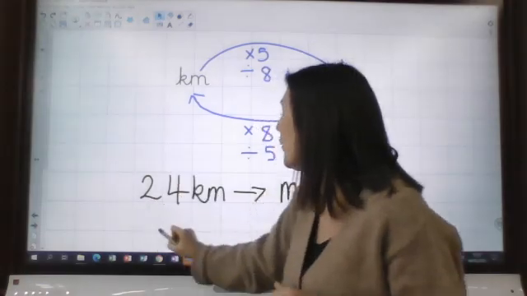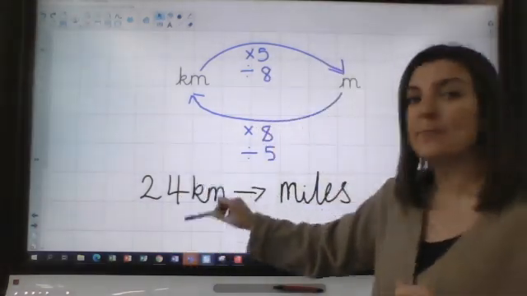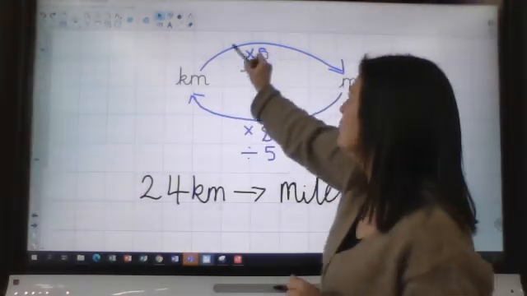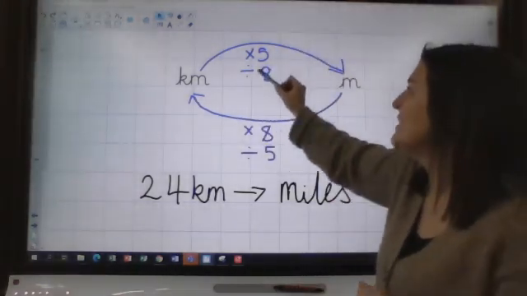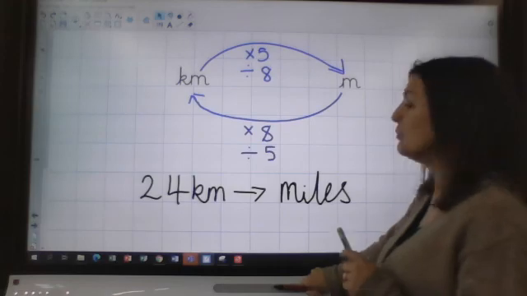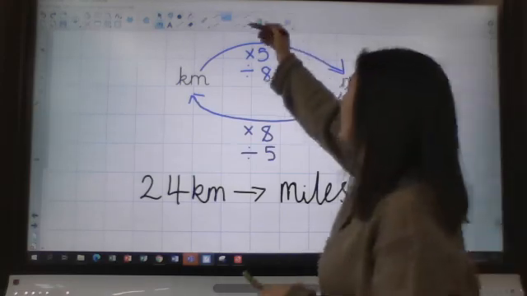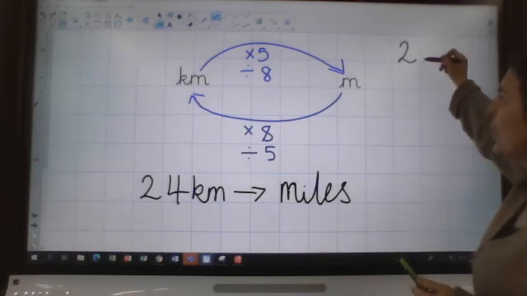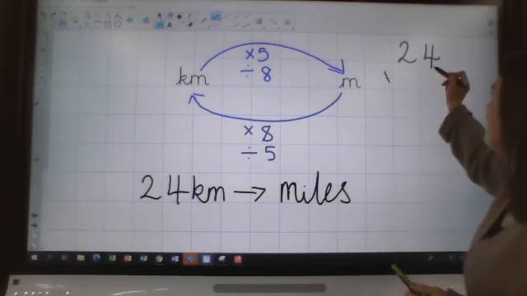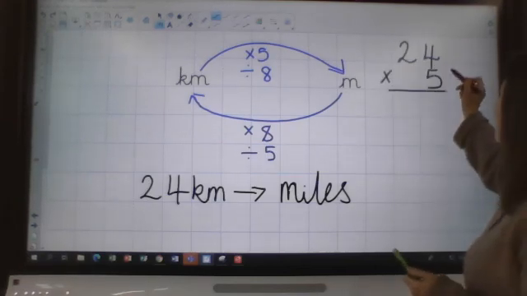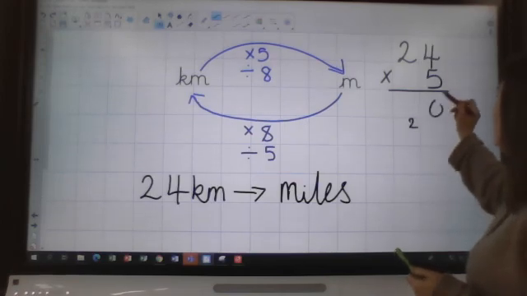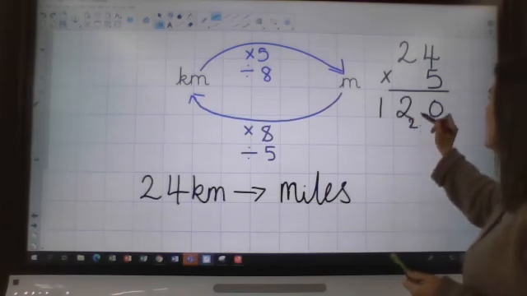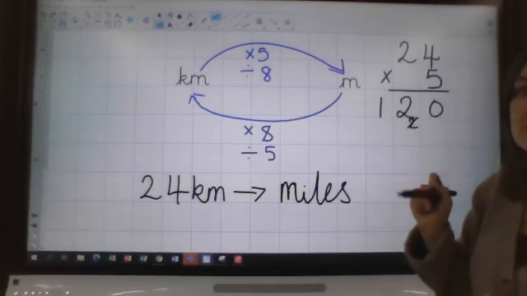So if I've got 24 kilometres, and I've got to go to miles, I need to follow this. So multiplying it by 5, then dividing my answer by 8. So I will show you what I would do. Now I would do a little short multiplication to do 24 multiplied by 5. So 4 times 5 is 20. 2 times 5 is 10, plus 2 is 12. Okay, so that's my first bit.